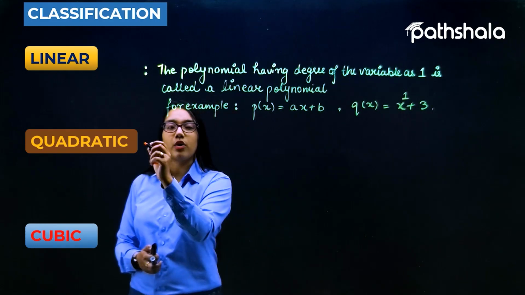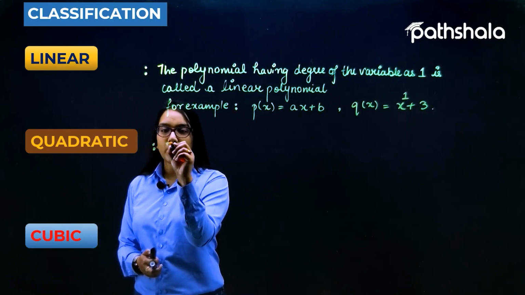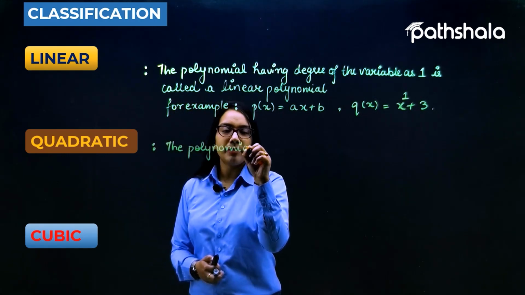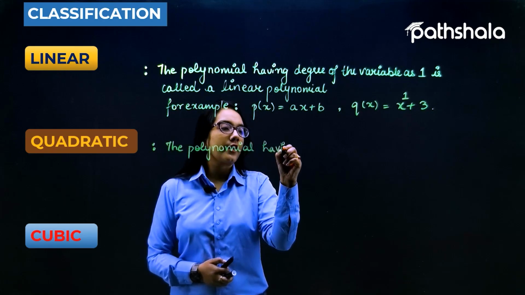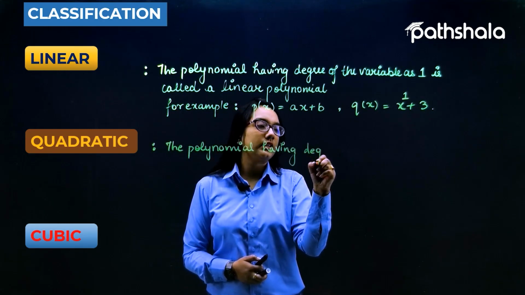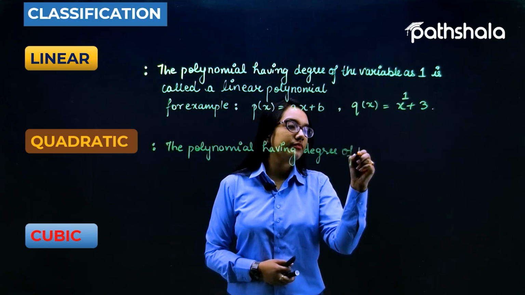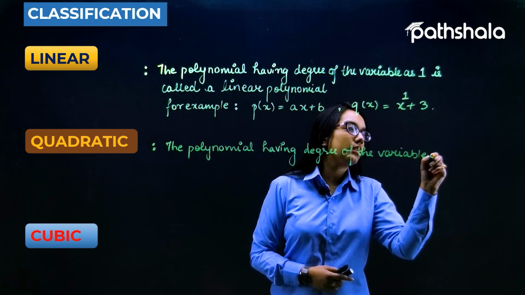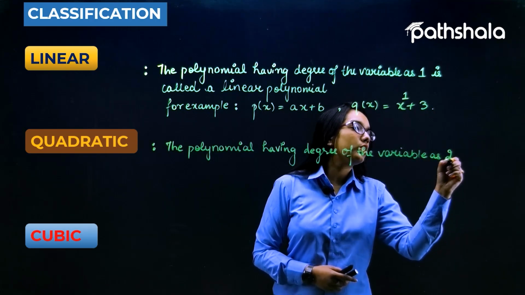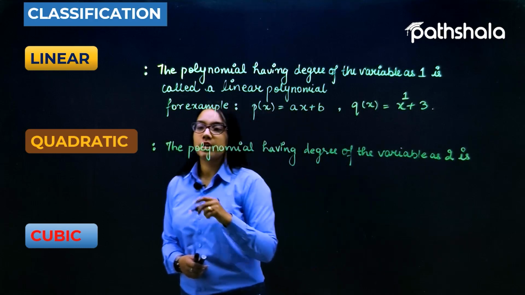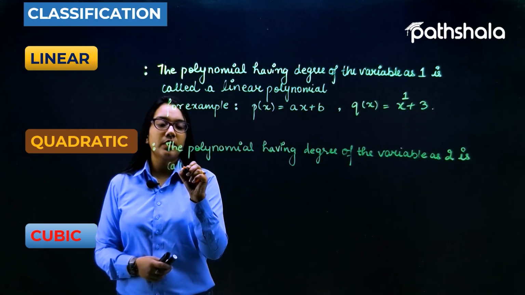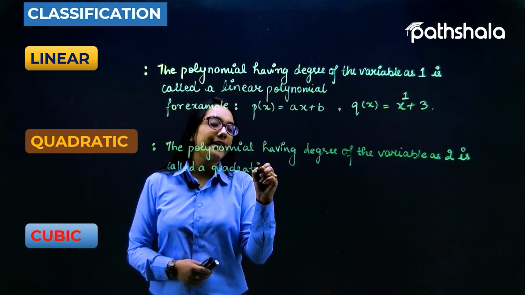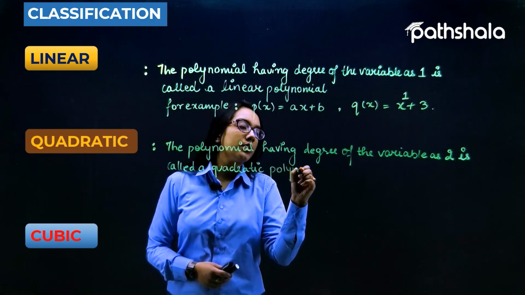So what is the meaning of a quadratic polynomial? The quadratic polynomial is the polynomial having degree of the variable as 2 is called a quadratic polynomial.